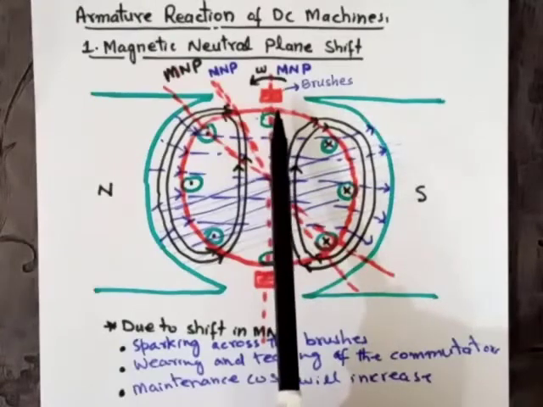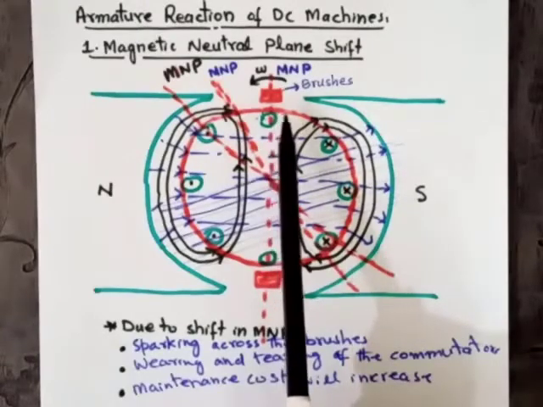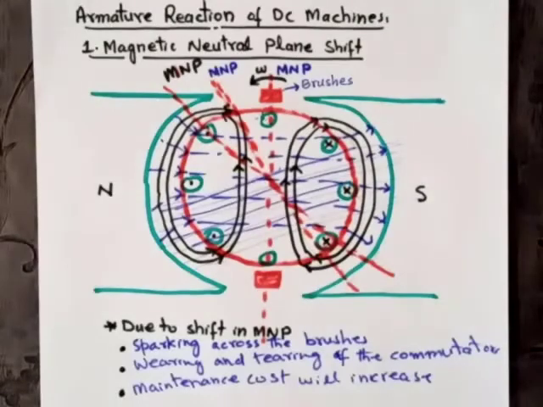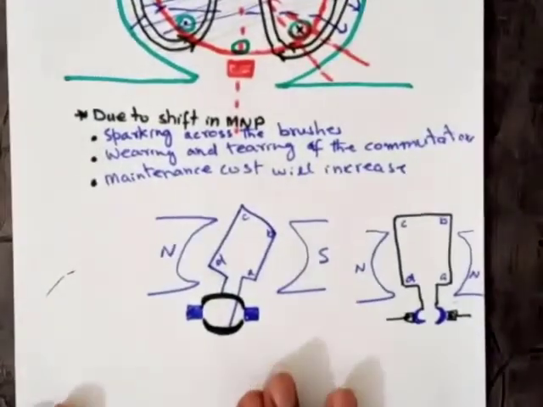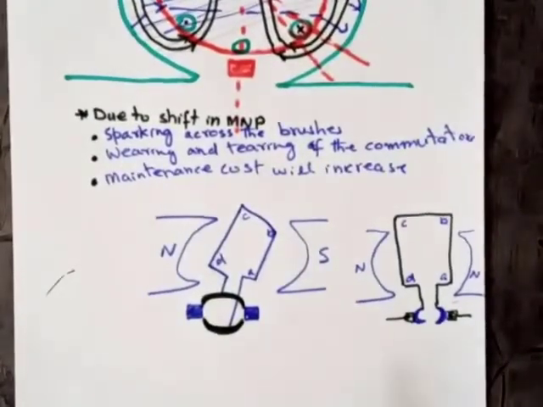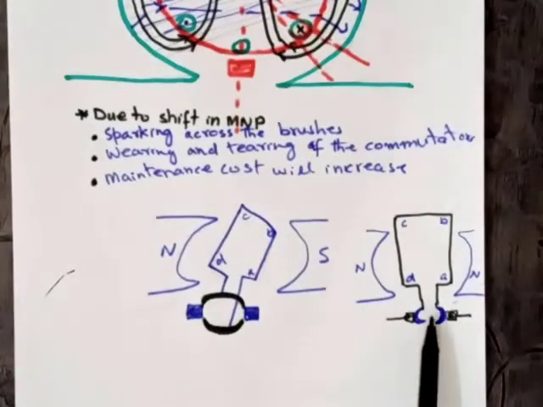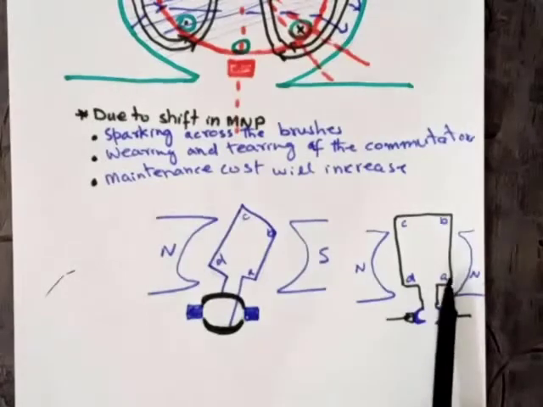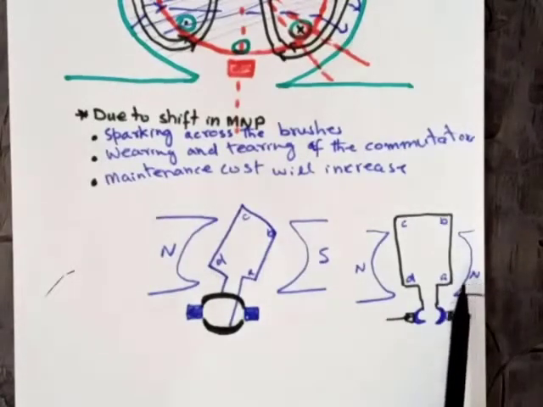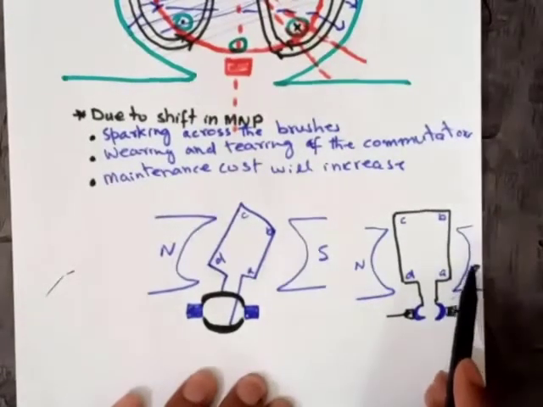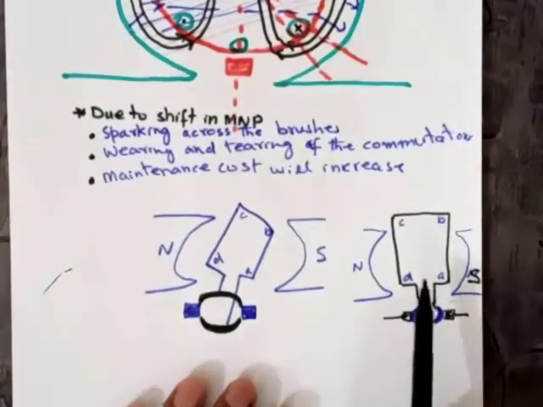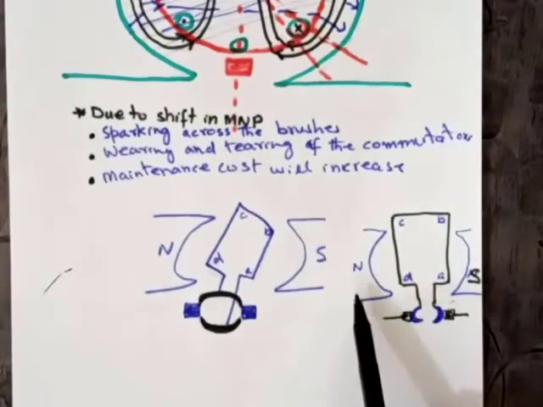And therefore, when the conductors are getting short circuited, as you can see in this figure, there is an air gap between the commutator segments. The conductor AB is under the south pole, and the conductor CD is under the north pole.